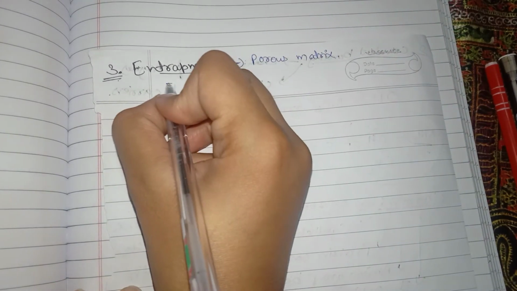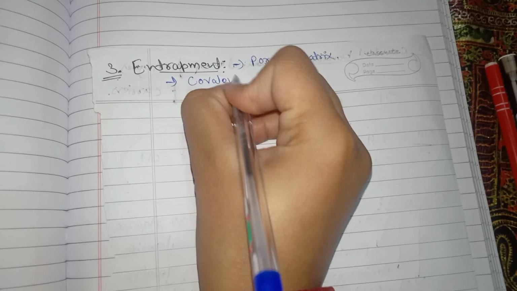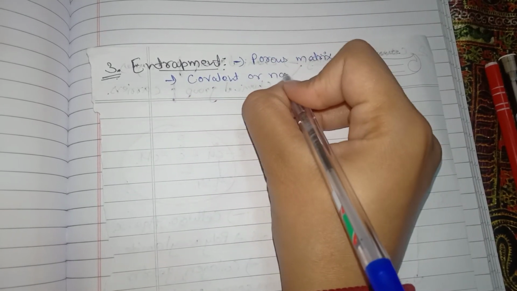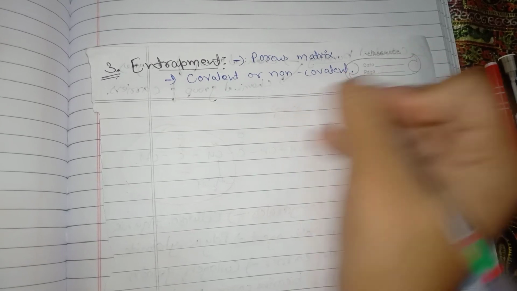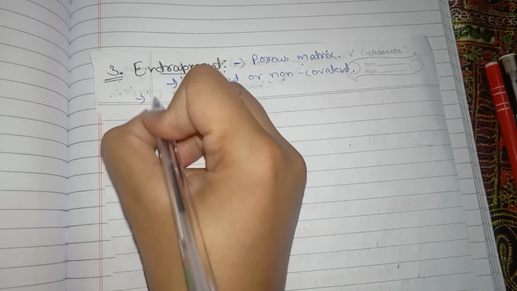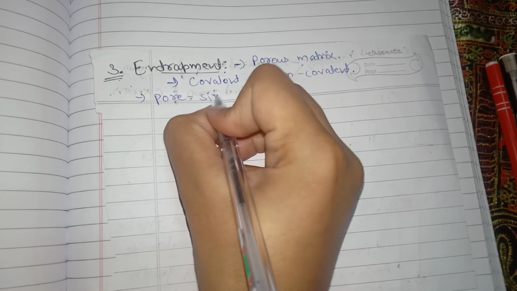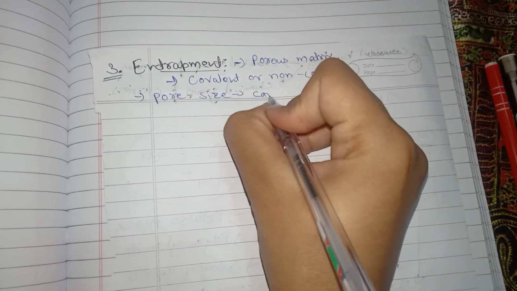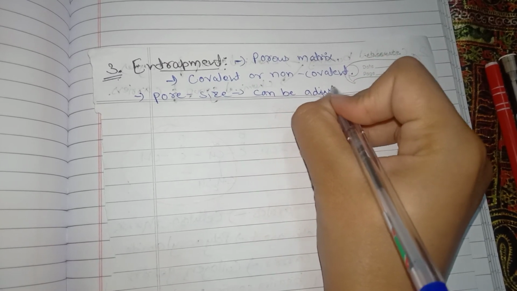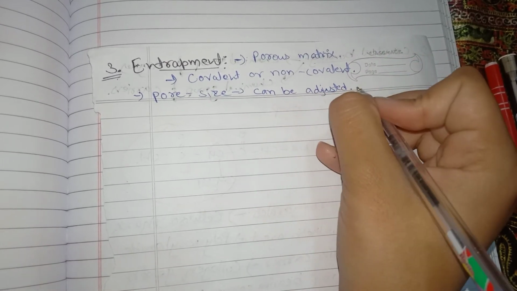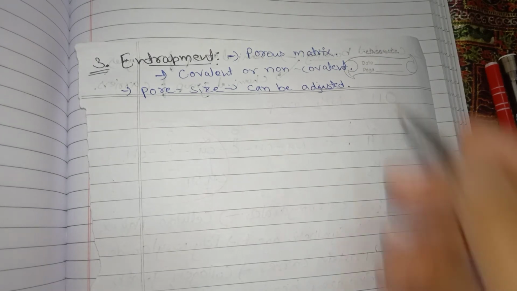Bonding involved in this entrapment can be covalent or non-covalent, and the pore size of the matrix can be adjusted to prevent the loss of enzyme.